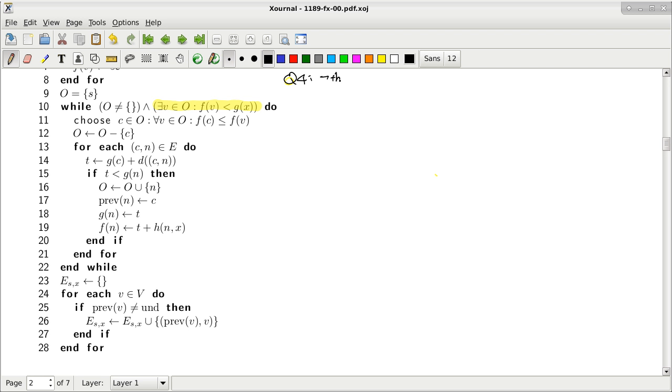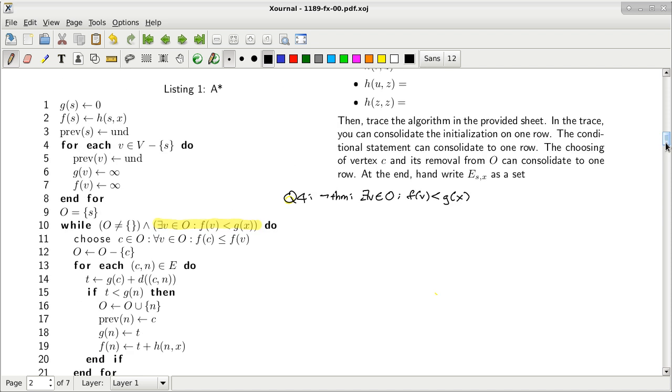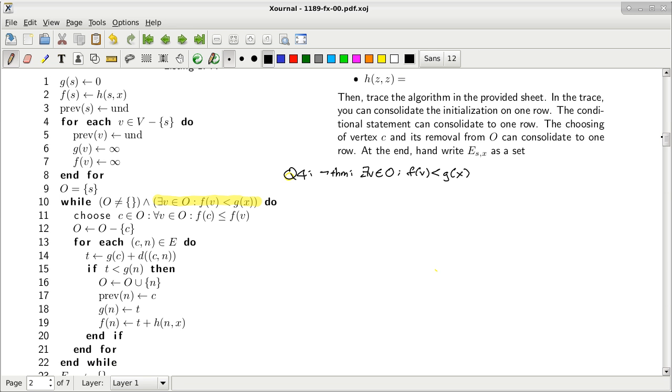The negation of the theorem is to say there exists V in O such that f of V is less than g of x is false, even though a shorter path exists.